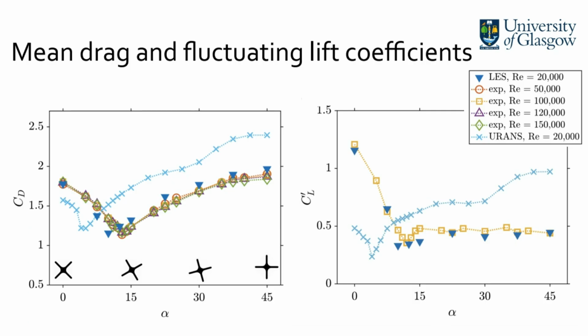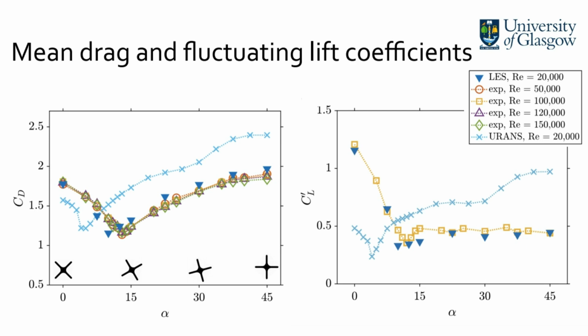Moving to some results. The results show that the aerodynamic coefficients, such as the mean drag force coefficient shown on the left and the fluctuating lift force coefficient, show a strong dependence on the angular orientation of the cylinder with respect to the flow.